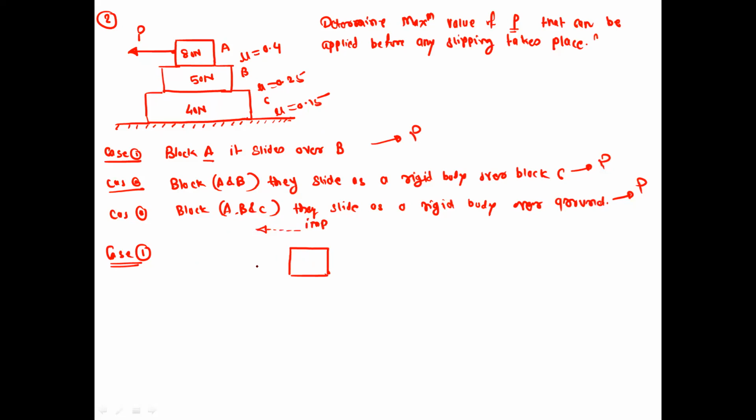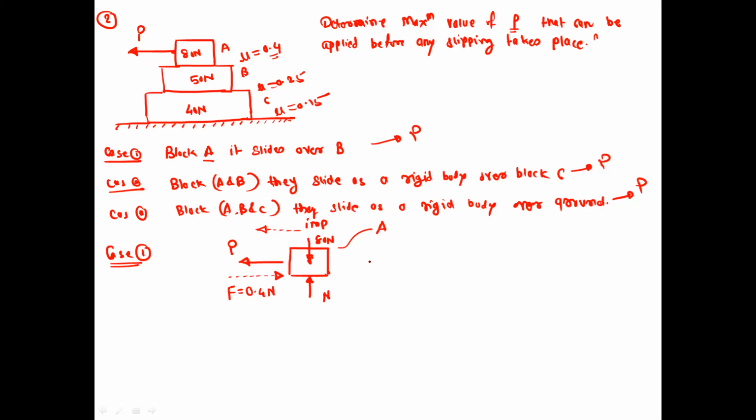In the free body diagram, this is the weight that is equal to 80 Newton for the block A. So this is the block A. Then this is the normal reaction, that is N. And this is the force P. Okay. And the friction will be exactly in the opposite direction. So this is the friction force F. Now friction between block A and B is equal to 0.4, so F is 0.4 into the normal reaction.